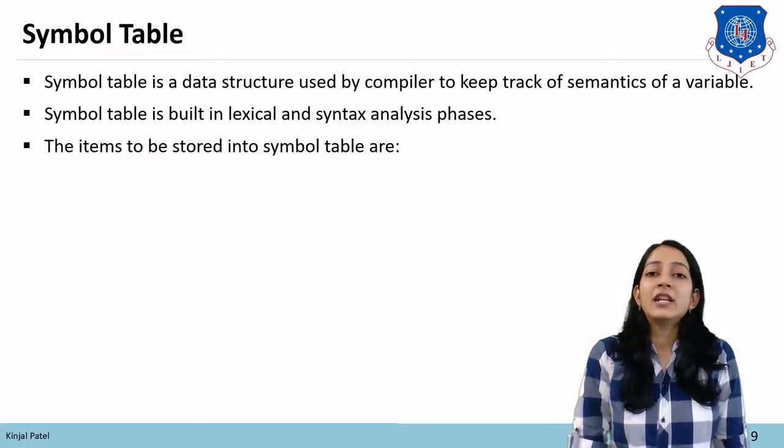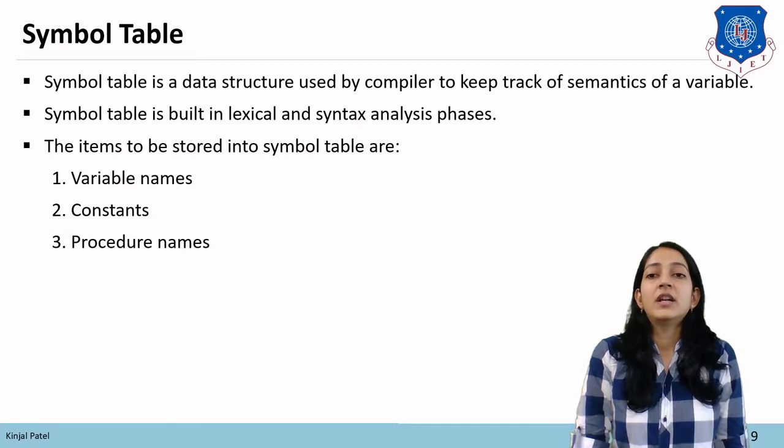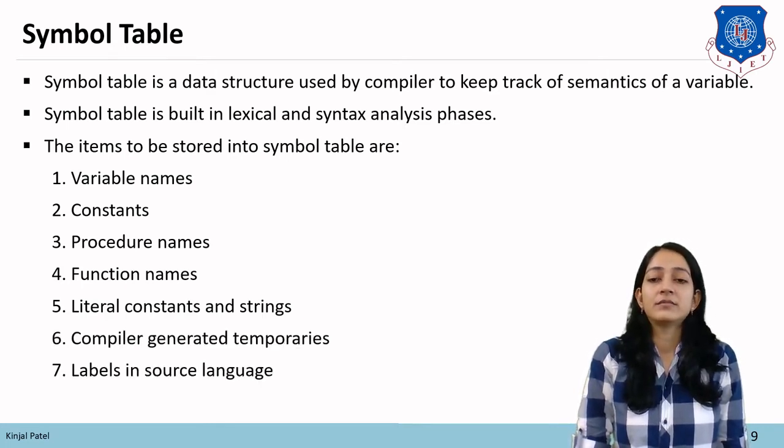The items to be stored in the symbol table are variable names, constants, procedure names, function names, literal constants and strings, compiler generated temporaries, and the labels in the source language. So these are the information which we can store in a symbol table.